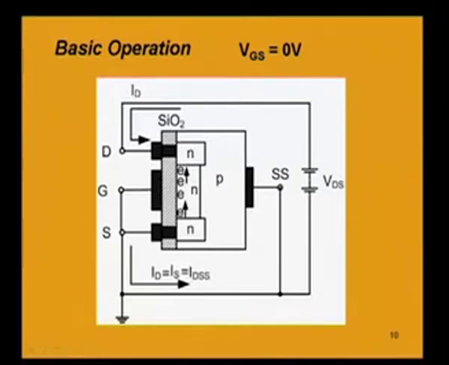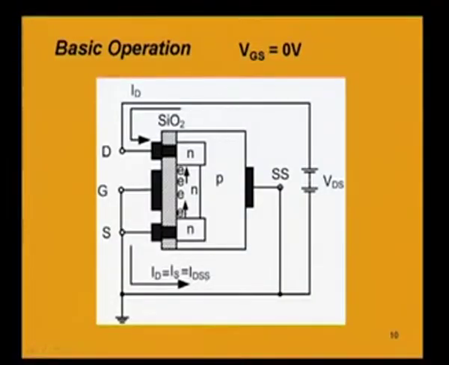So, drain current and source current both are equal. When VGS is equal to 0, that current which flows between drain and source is named as IDSS, and this is a specific current value which is specified in the MOSFET. That is, for a device we know the value of the IDSS from the data sheet. It is specified that this is the value of the IDSS. So, that means even when the gate to source voltage is 0, there is a flow of the current between drain and source, that current is IDSS.